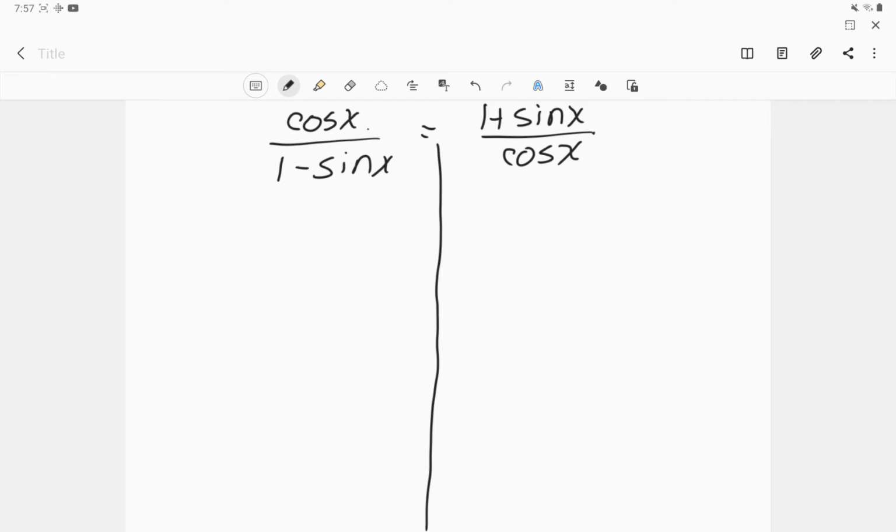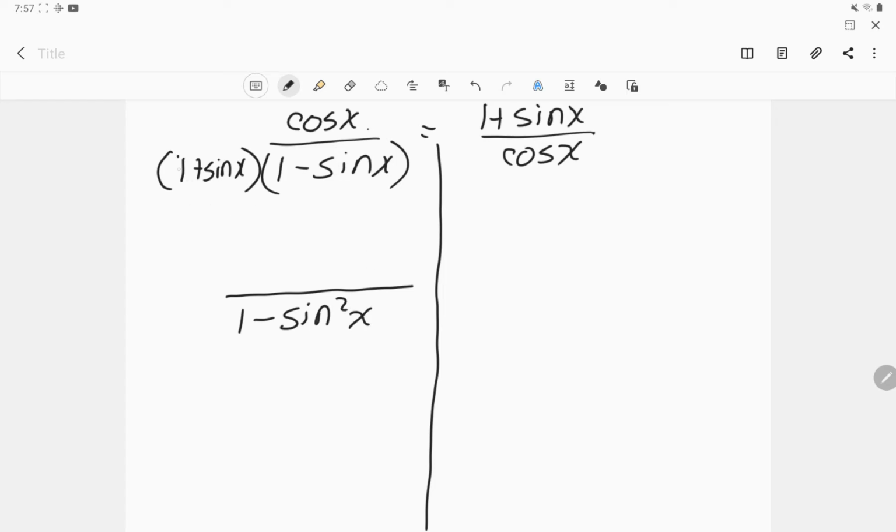If you do something to the top, you've got to do it to the bottom. If you do something to the bottom, you've got to do it to the top. So they decided they were going to multiply the bottom by the conjugate, by exactly what's on the bottom, just with a different sign. Because what that does is that makes 1 minus sine squared x, because it's a difference of squares.